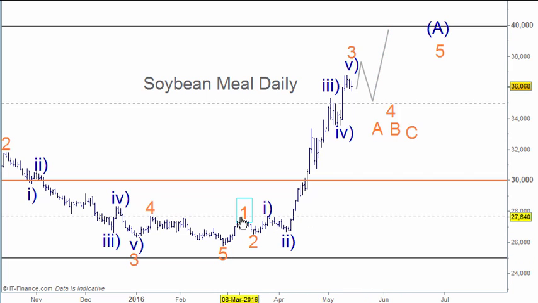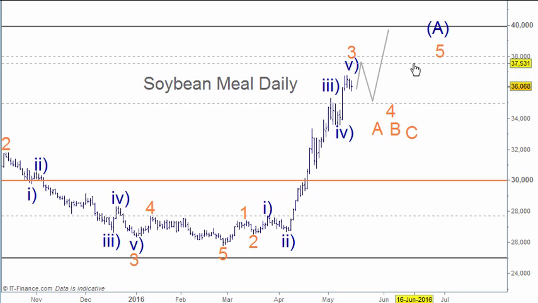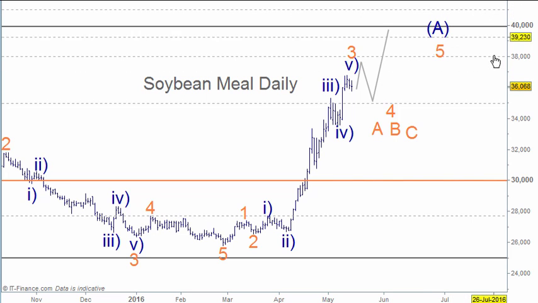But because wave 1 is so small here, we can expect wave 5 to be small. If the market's going to play out at 38, which is 95% probability that it will, and react there and then push up from that point, we'll just be chasing the trend a little bit, but there is space here to be had.